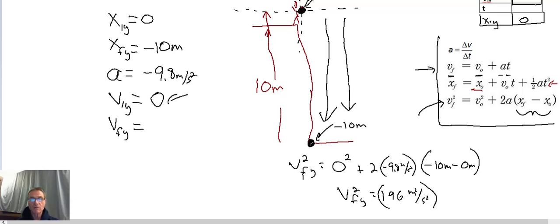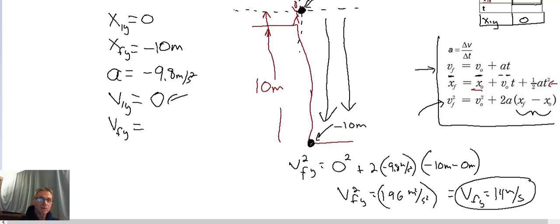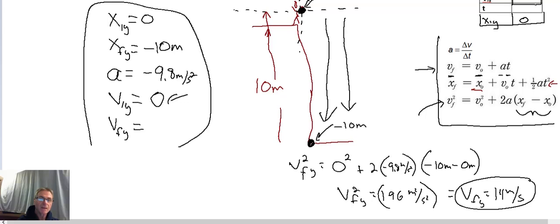If I now take the square root of both sides, I get v final in the y direction to be 14 meters per second. Okay? So all I really did was collect my information over here, right? Picked out the right equation based on the information that I had, and then plugged in the numbers.